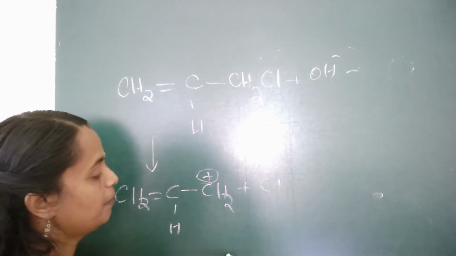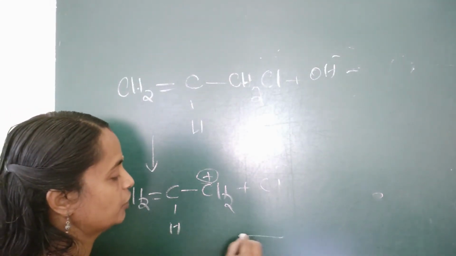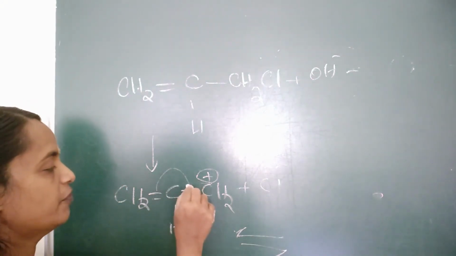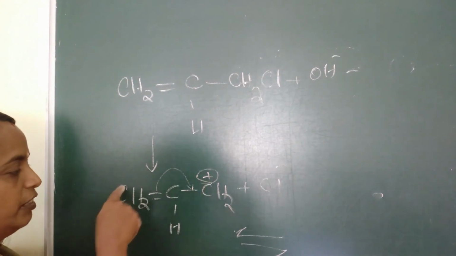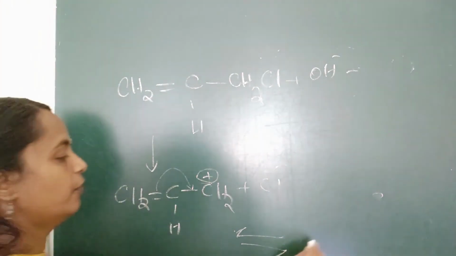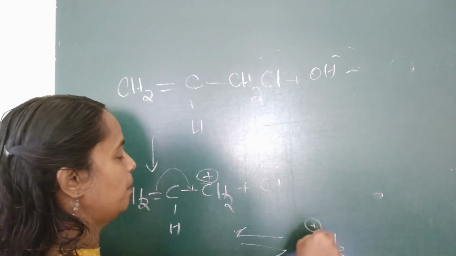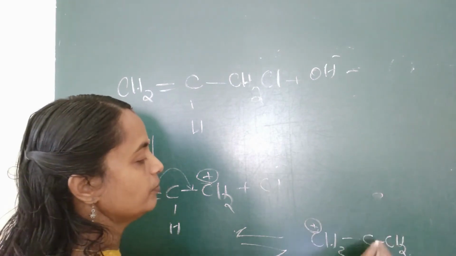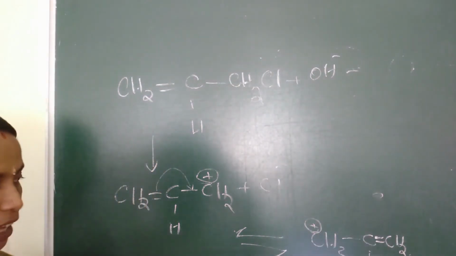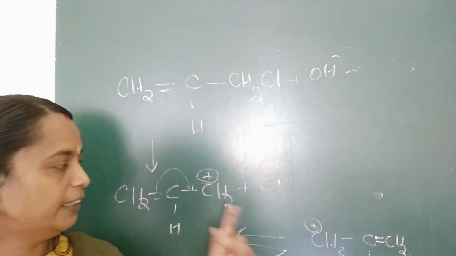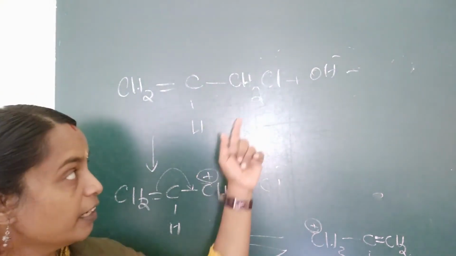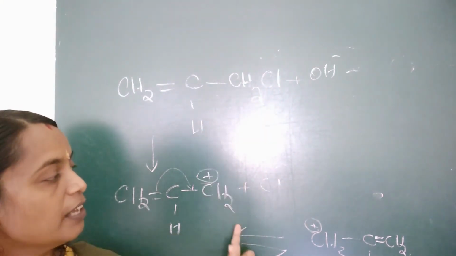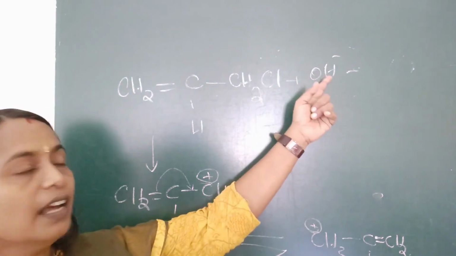That is, the double bond can be shifted and the positive charge moves to the other carbon, so it can be represented as CH2=CH-CH2+ with the double bond on the other side. There is a possibility of stabilization through resonance after the cleavage of the carbon-chlorine bond, and therefore it undergoes the SN1 mechanism rather than the SN2 mechanism.